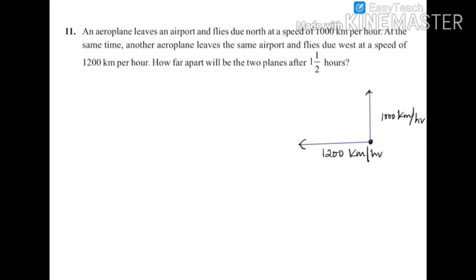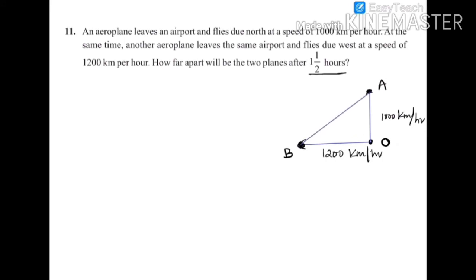So let's say after a time lapse of 1.5 hours, the planes are at points A and point B from the starting point, that is O, which is the airport. What we have to find is how far apart these two planes are.